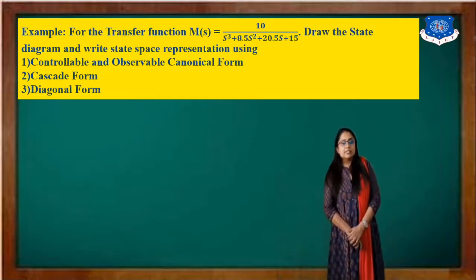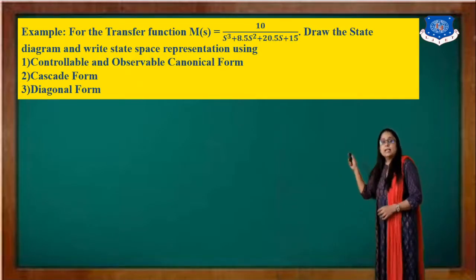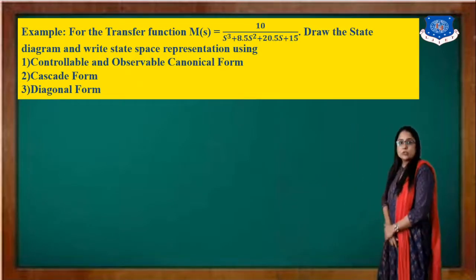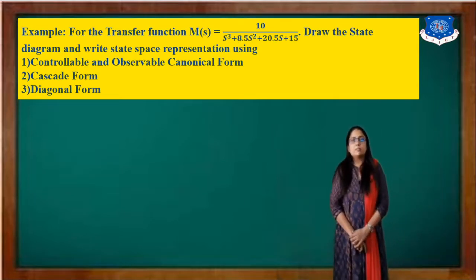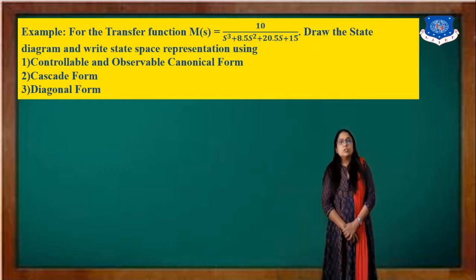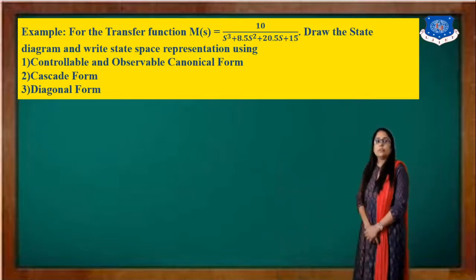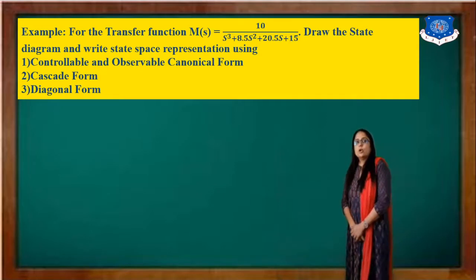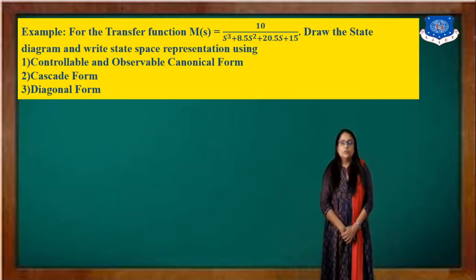See, the example is this: for the transfer function M of s equal to 10 upon s cube plus 8.5 s square plus 20.5 s plus 15, draw the state diagram and then write the state space representation using controllable and observable canonical form, cascade form, and the third one, the diagonal form.